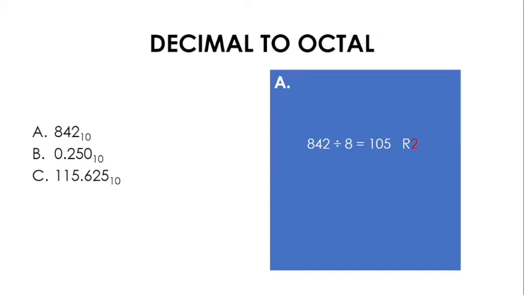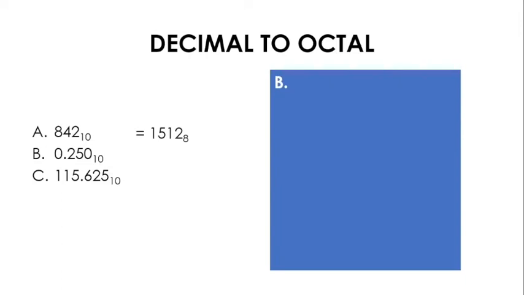We will take the remainder until we reach the quotient, which is less than the divisor. After the process is done, we will be rewriting it from bottom to top. So the octal equivalent of decimal 842 is 1512 octal.